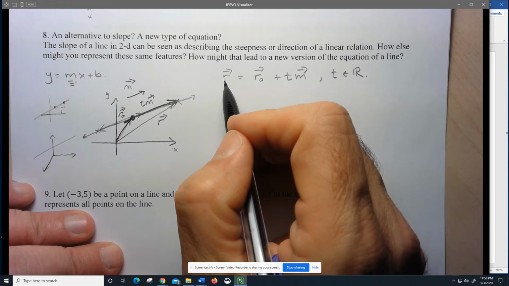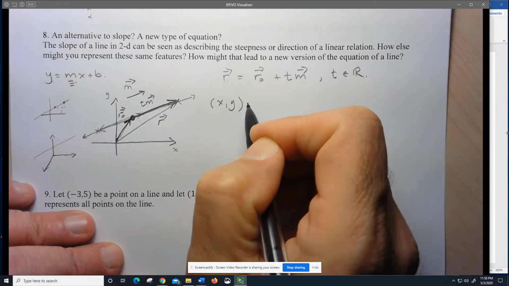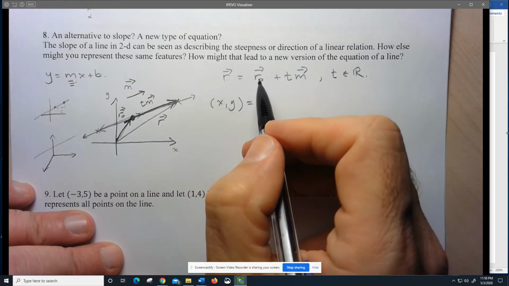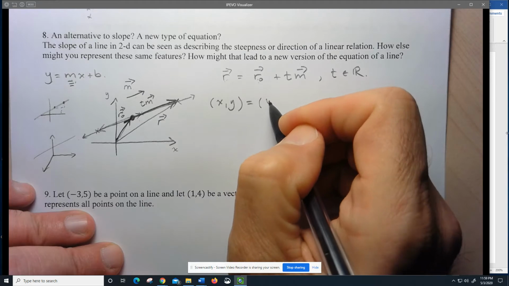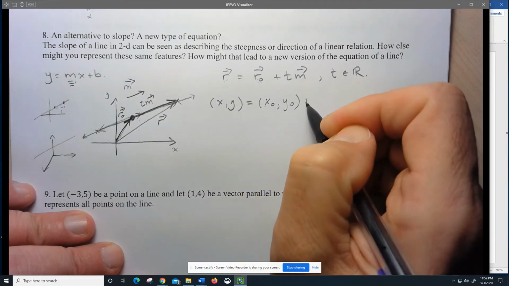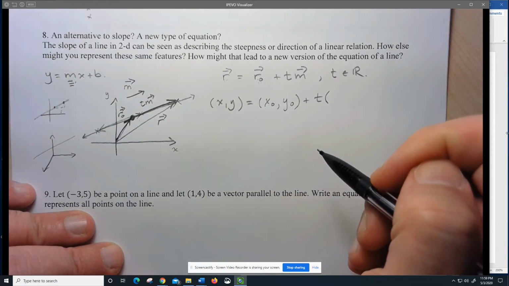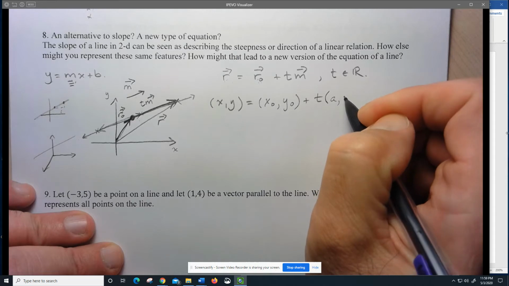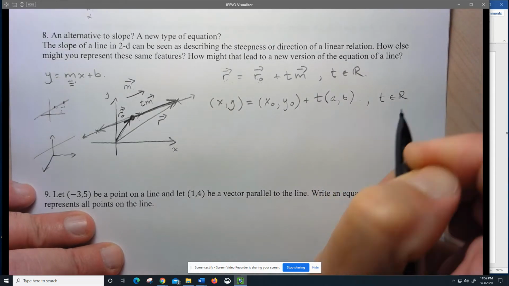For a general point on a line, I'm going to use x, y. For a specific point on the line, we use the naught notation, x naught, y naught, plus t times our direction vector, which we'll call a, b. And again, t can be any real number.